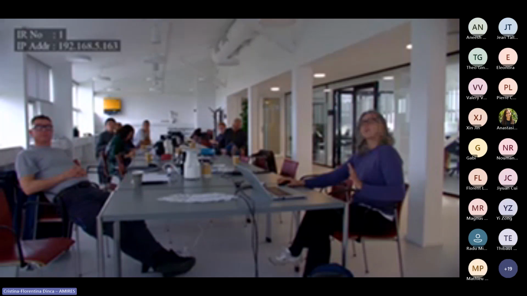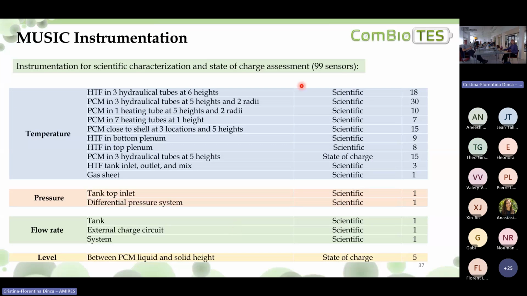So here I talk about the tank instrumentation. There are almost 100 sensors in the tank. Temperature sensors, pressure, flow rate, and level sensors. Most of them are for scientific purposes. Some sensors have been installed for the assessment of the state of charge of the system.